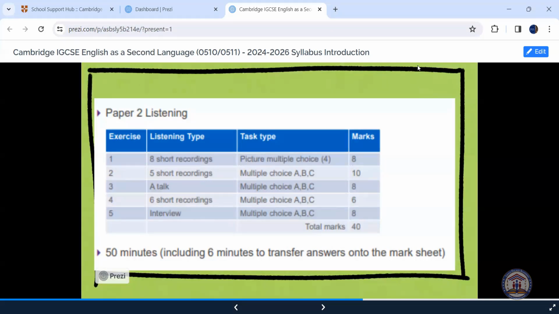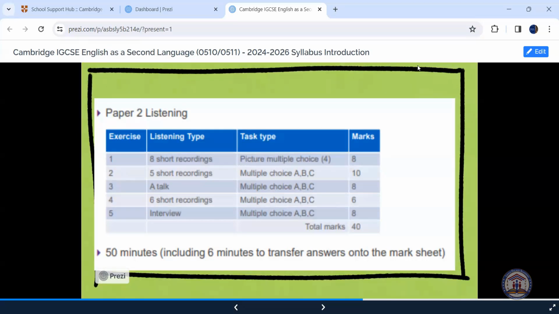But now they don't have this question because Cambridge has a new syllabus for this year, and it will be applied in 2024 summer exam, the exam of May, June, the following one. Okay, so exercise 1 again, 8 short recordings, picture multiple choice questions. You have 8 ones, 8 marks.